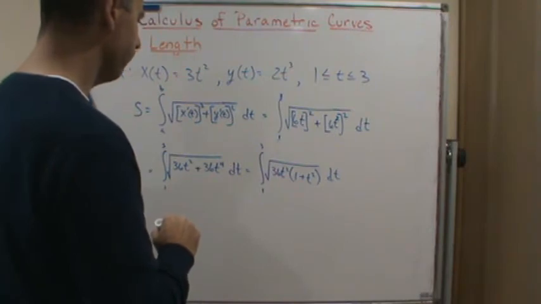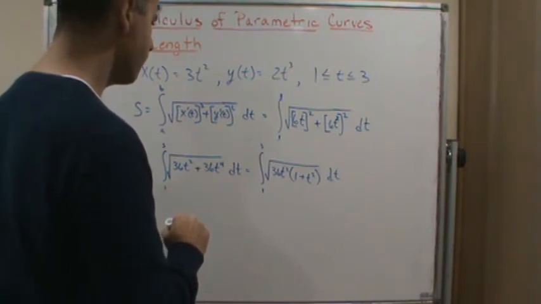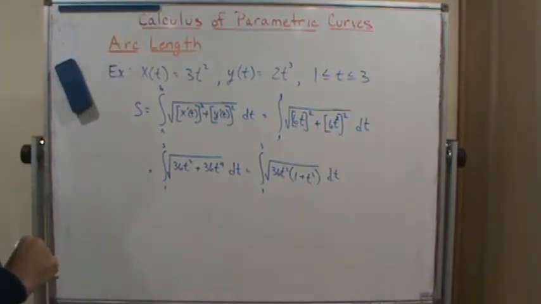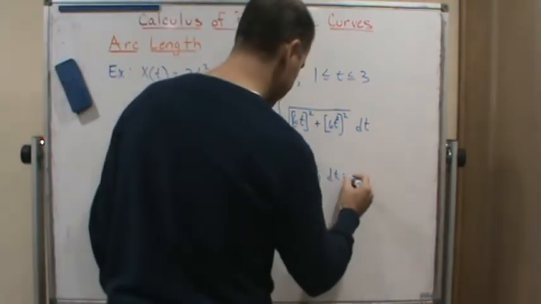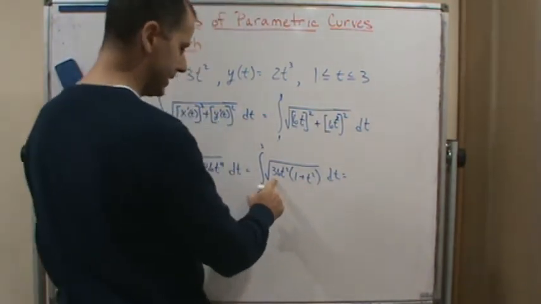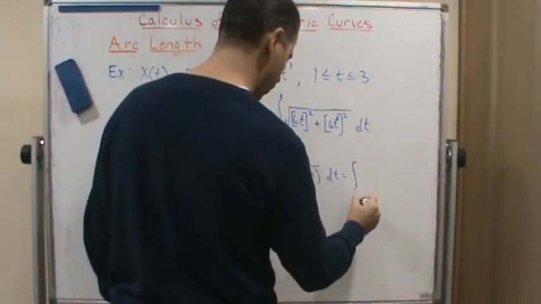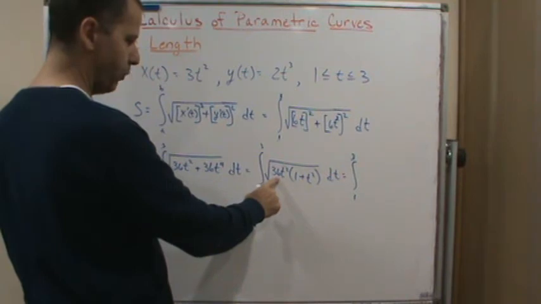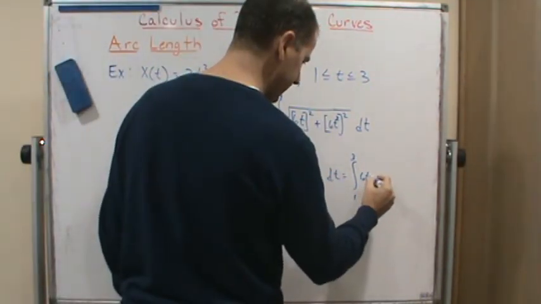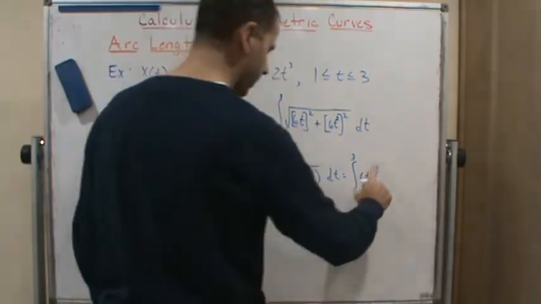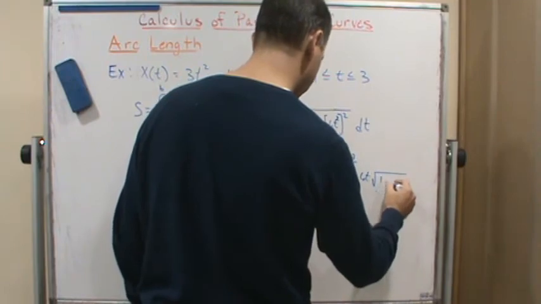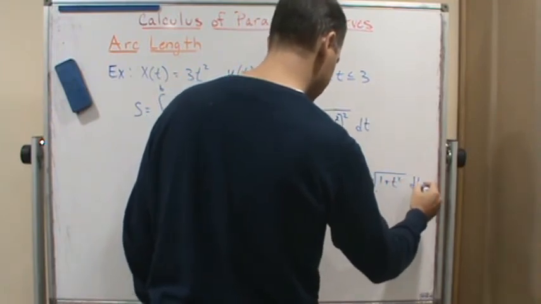Okay, so what do we get now? Now let's simplify this even further. So we can get 36t, right? So this is going to be the integral from 1 to 3. And this will become a 6t, right? So this will become 6t times the square root of 1 plus t squared dt.